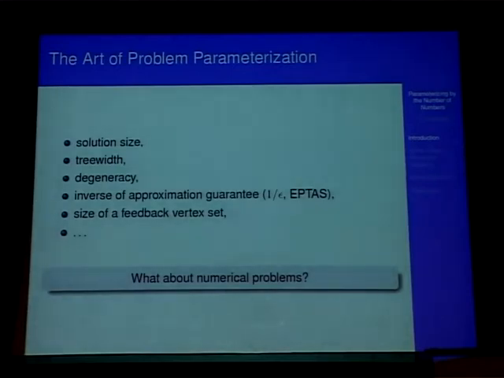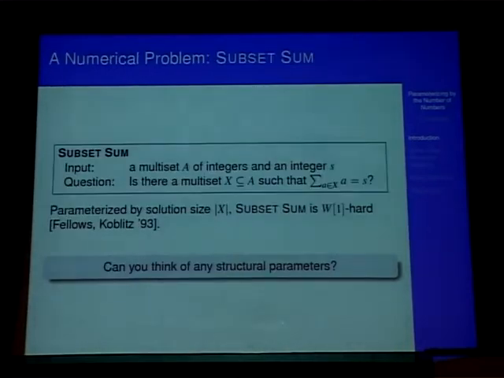Let's look at one numerical problem, subset sum. The input is a multiset of integers and one special integer s. You ask if you can select some integers from this multiset such that they sum to s. Parameterized by solution size, this problem has been shown to be W1-hard by Fellows and Koblitz.